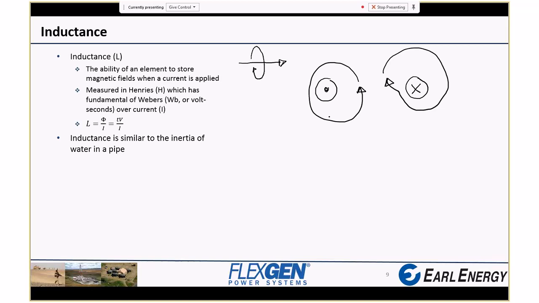So if you do this a few more times, put another wire here, another wire here, you end up with a magnetic field that goes through all of them and comes out the other end that way.